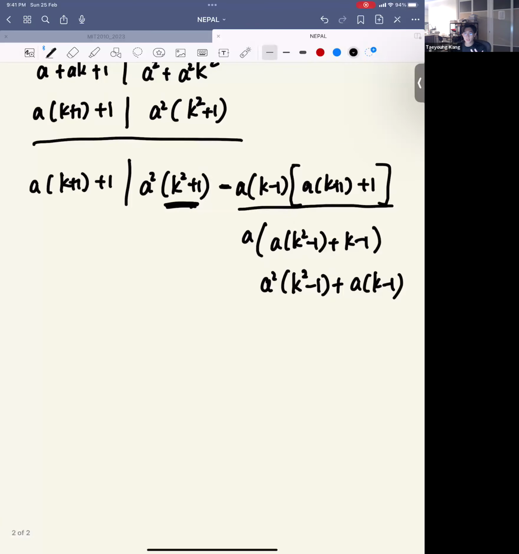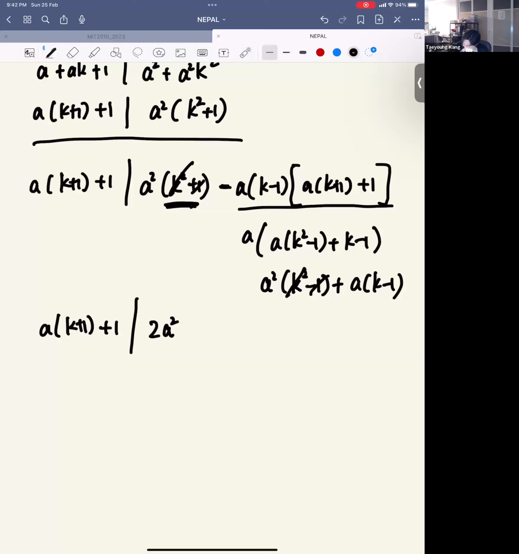So what happens when we subtract the whole thing? It becomes A(K plus 1) divides A squared K squared, the K squared terms cancel out and it becomes 2A squared, right? Because minus 1 becomes plus 1.